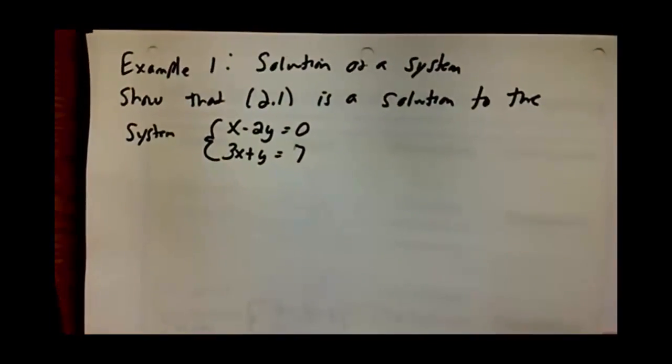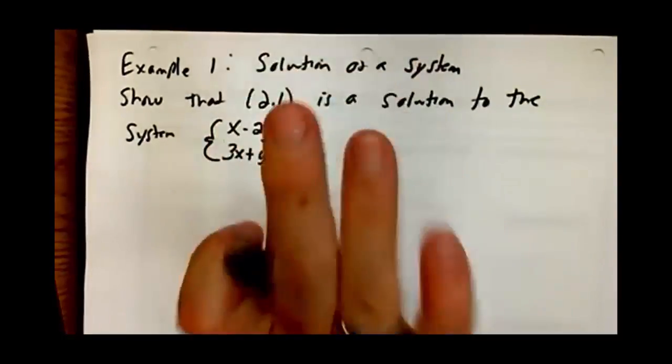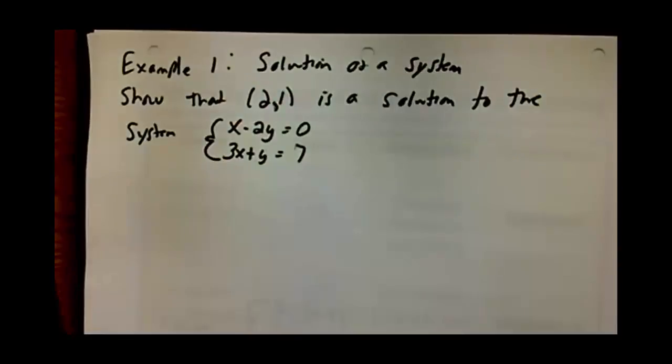So first off, in 8.1, they ask us if something is a solution of a system. So it says show that (2, 1), there should be a comma in there, is a solution to this system. I'll give you a chance to get that written down.